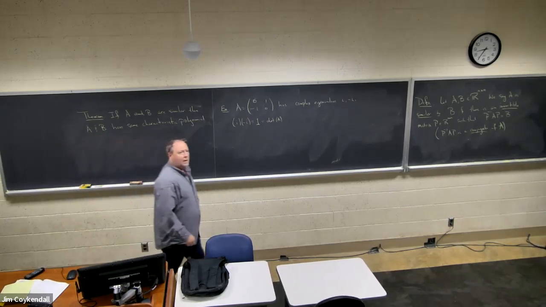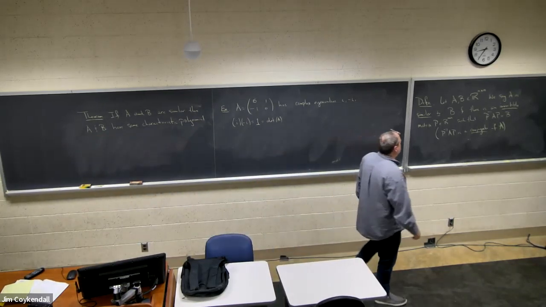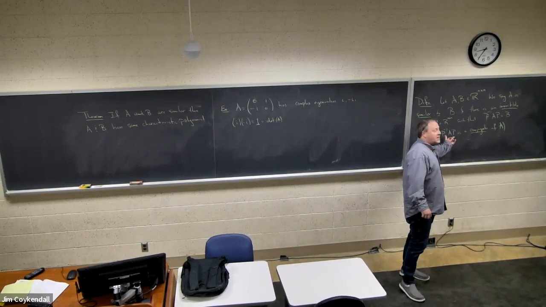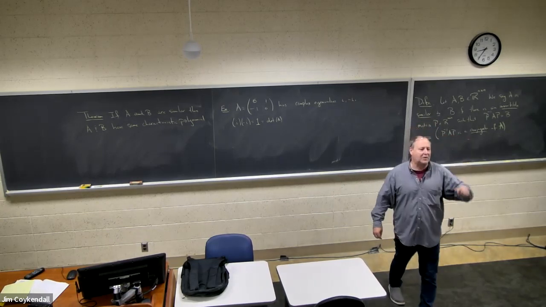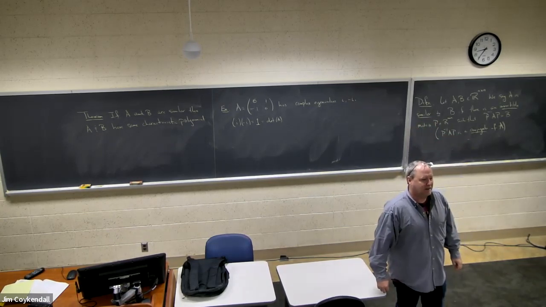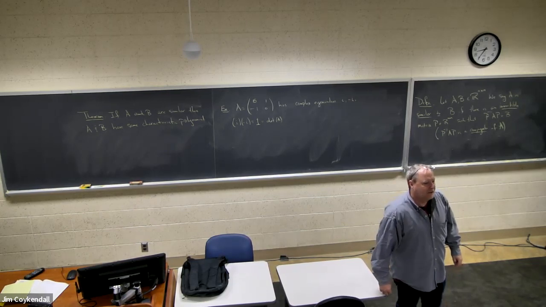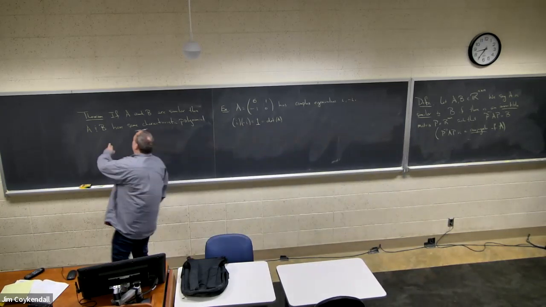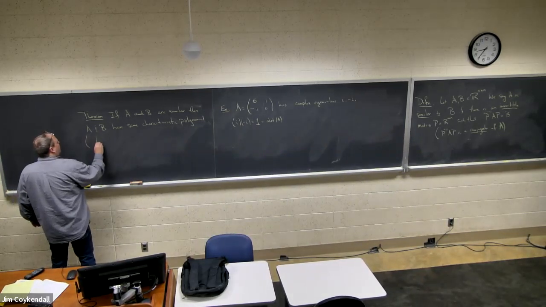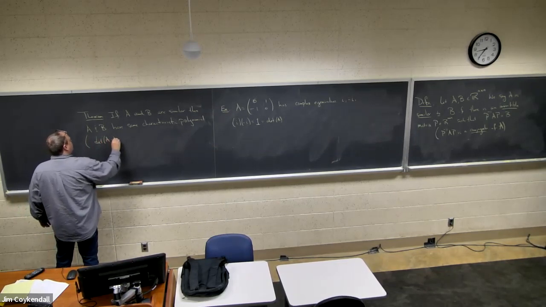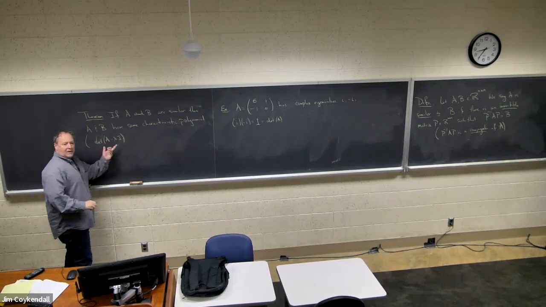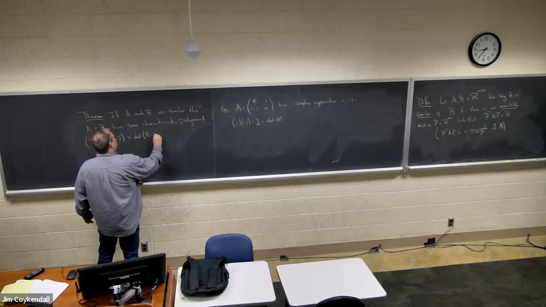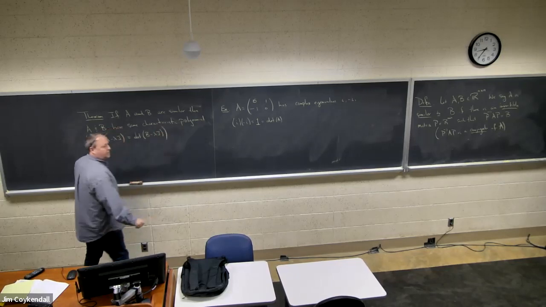Yes? Whenever you do P inverse A P, isn't that just A? No. Because P inverse times P, if A and P commute, you're assuming that you can turn A and P around. You can't necessarily. Right? So I'll give you an example. What is the characteristic polynomial? This is the characteristic polynomial. When you work out that determinant, then it's a polynomial you get, and to have the same characteristic polynomial, you get the same thing with both A and B.